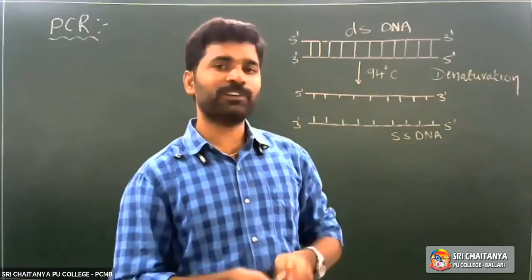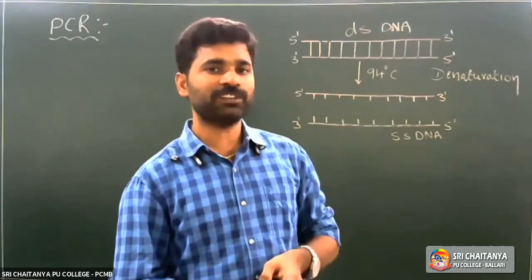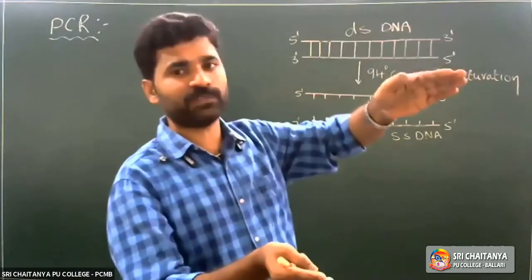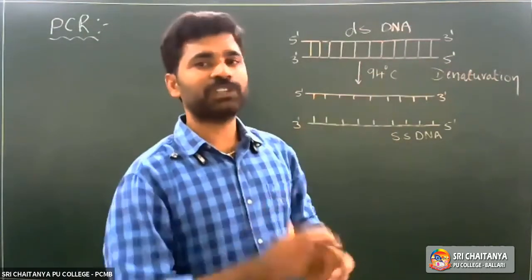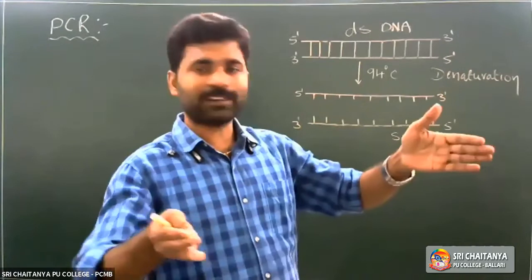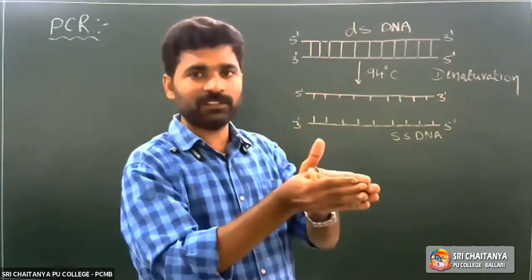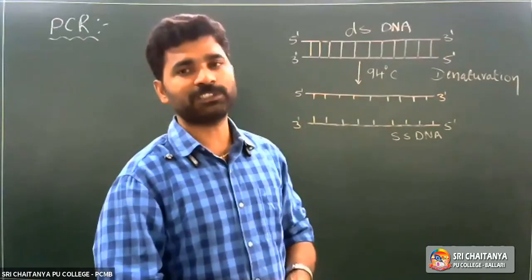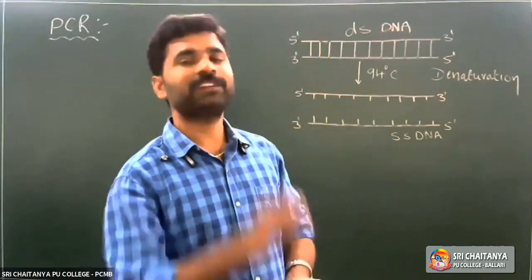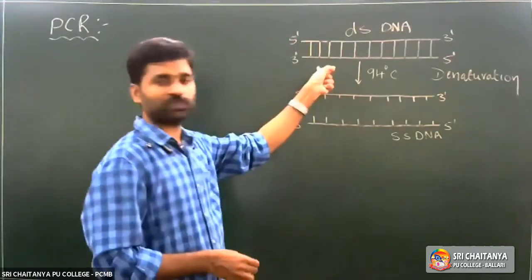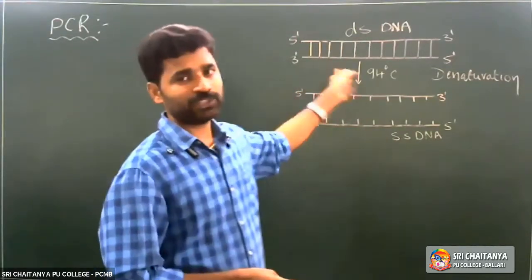So what is the difference between denaturation and renaturation? In the denaturation process, the two strands are totally separated from each other. In the renaturation process, the two complementary strands come nearer together and bind with each other, resulting in the formation of double stranded DNA. That is renaturation, but this is denaturation. Is it clear?